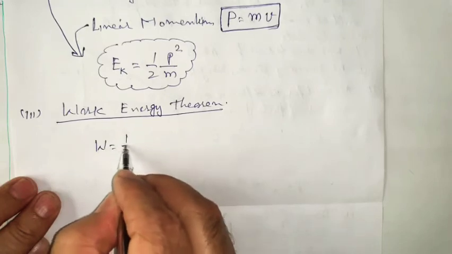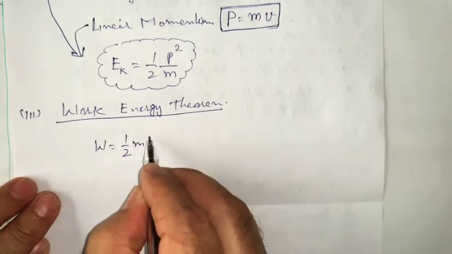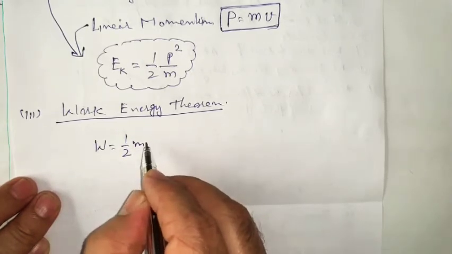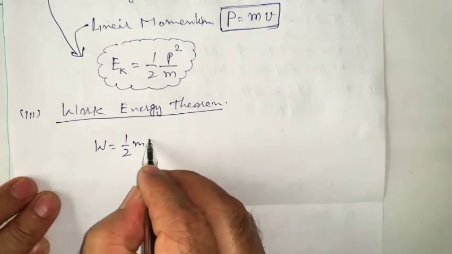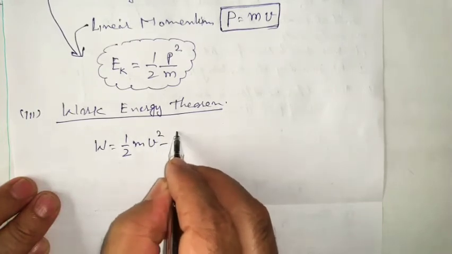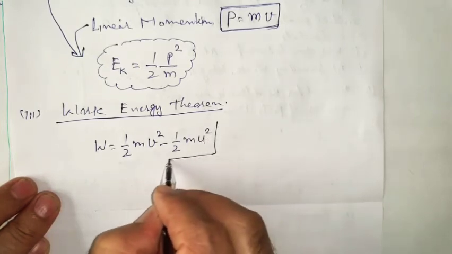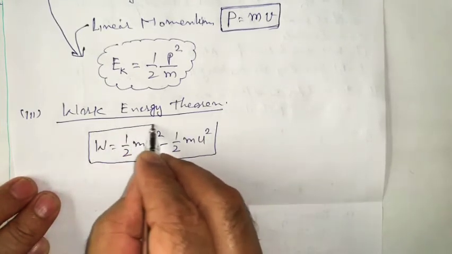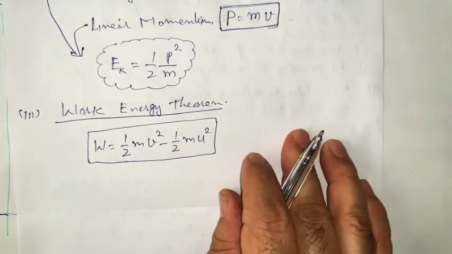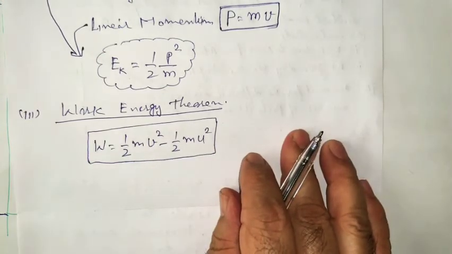Work is always equal to half m v squared minus half m u squared. The difference between initial and final energies is equal to work done.